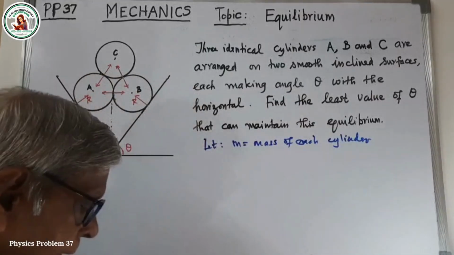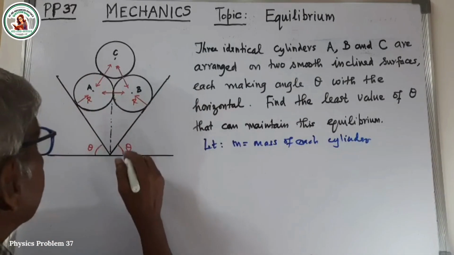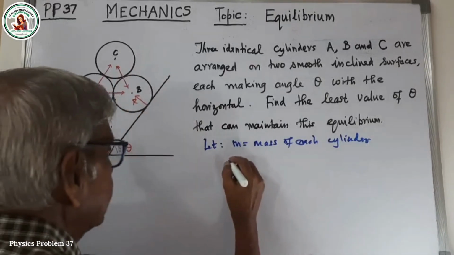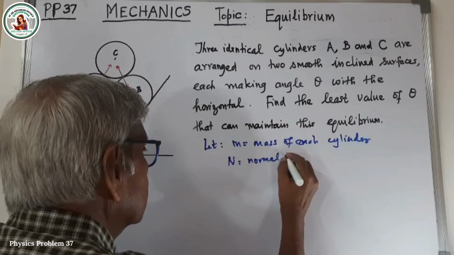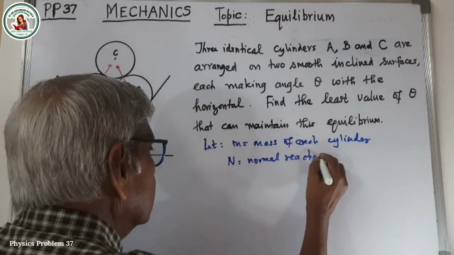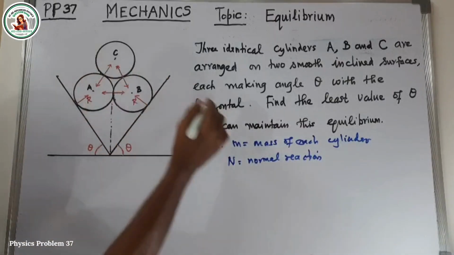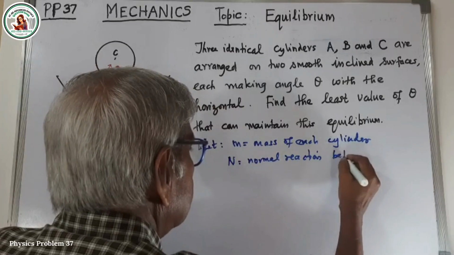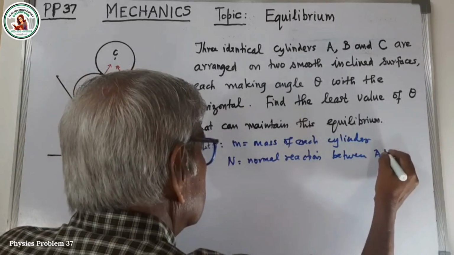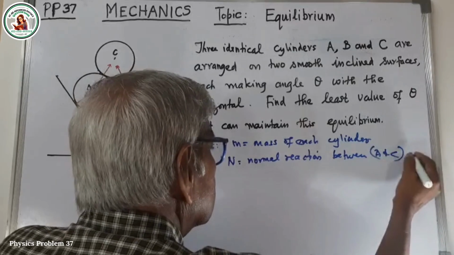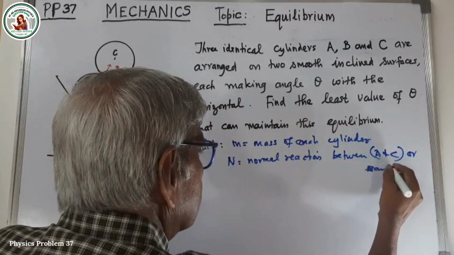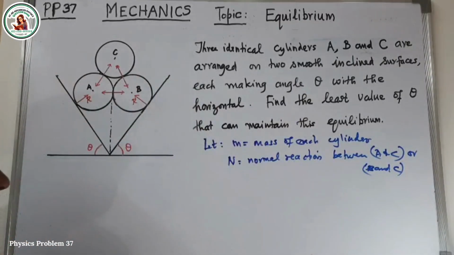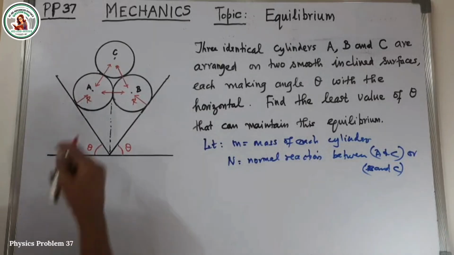Let N be the normal reaction between A and C, or it can be between B and C. That normal reaction we mark as N, which is this normal reaction.